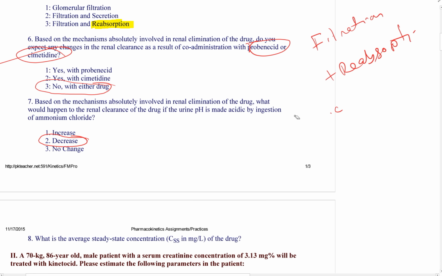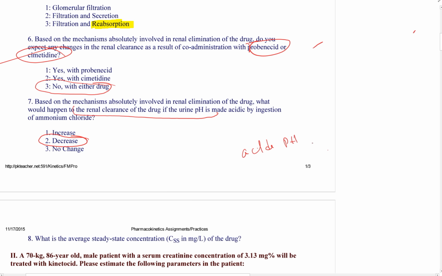Let's go back again, as this may confuse you. Based on the mechanism, renal elimination is involved. What would happen to the renal clearance of this drug if the pH is made acidic? Acidic pH will increase reabsorption.